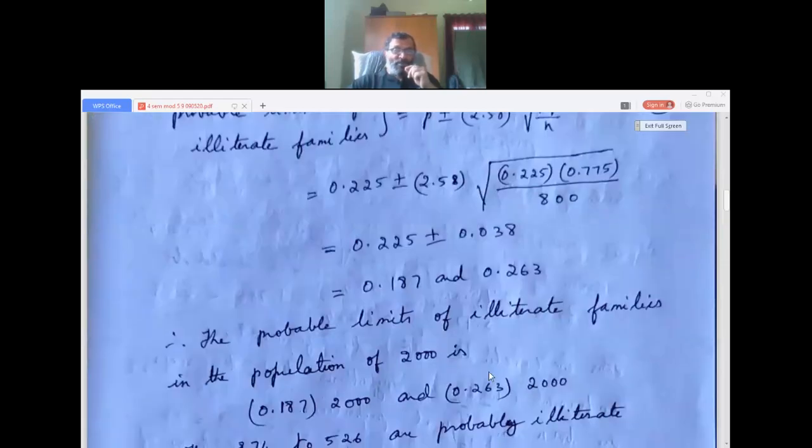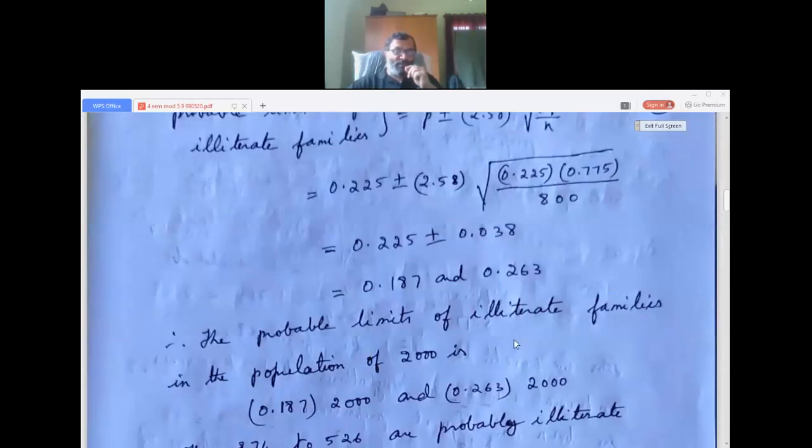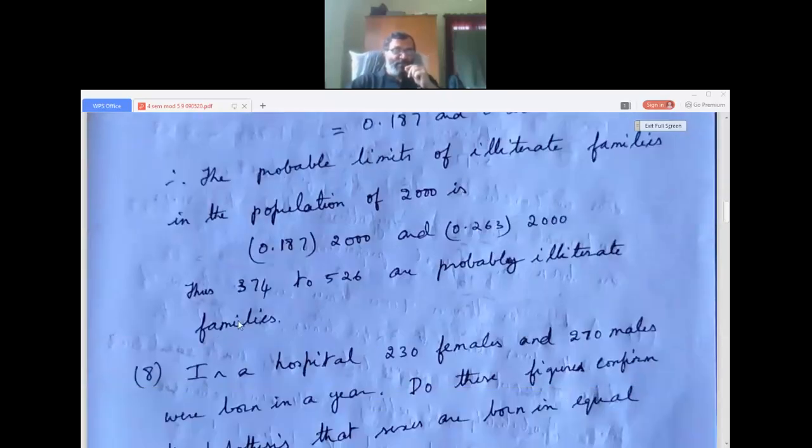So the probable limits of illiterate families in the population of 2000 is 0.187 into 2000 and 0.263 into 2000. So it is thus 374 to 526 are probably the illiterate families.